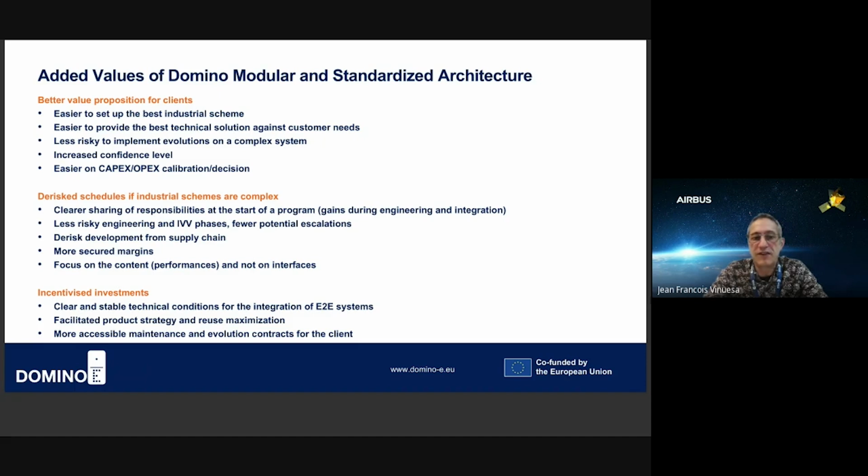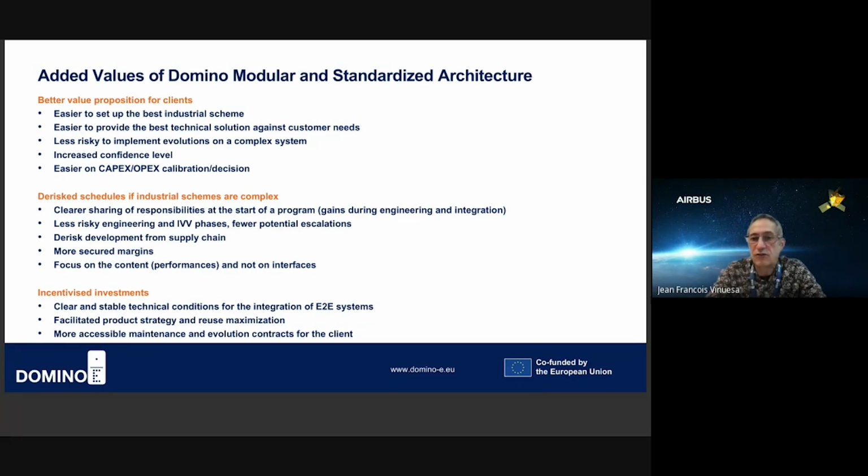What is nice from the industrial point of view is that when you have these subsystems, these bricks, these dominoes, you can easily share the responsibility between the subcontractors that are going to design and build the dominoes and the industrial integrator. And it will be easier during the program. So you're going to have some gains during engineering and integration by sharing responsibilities.